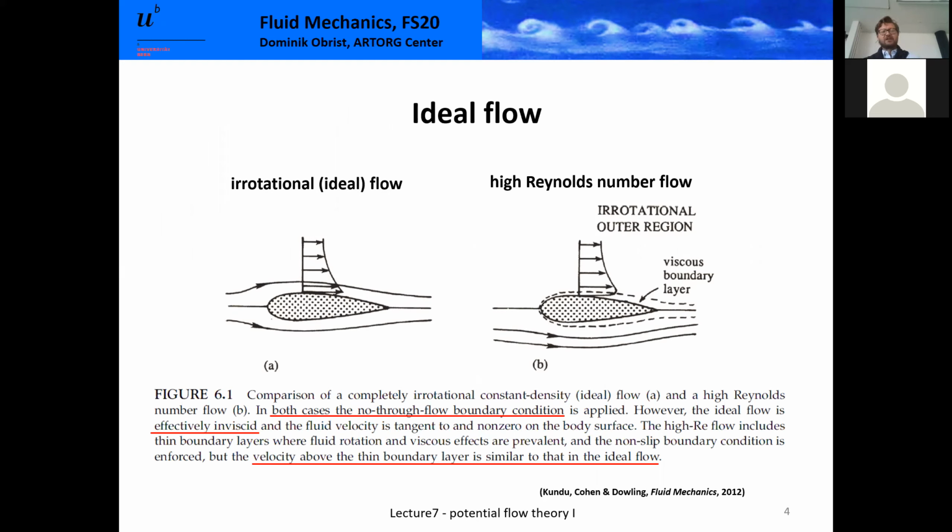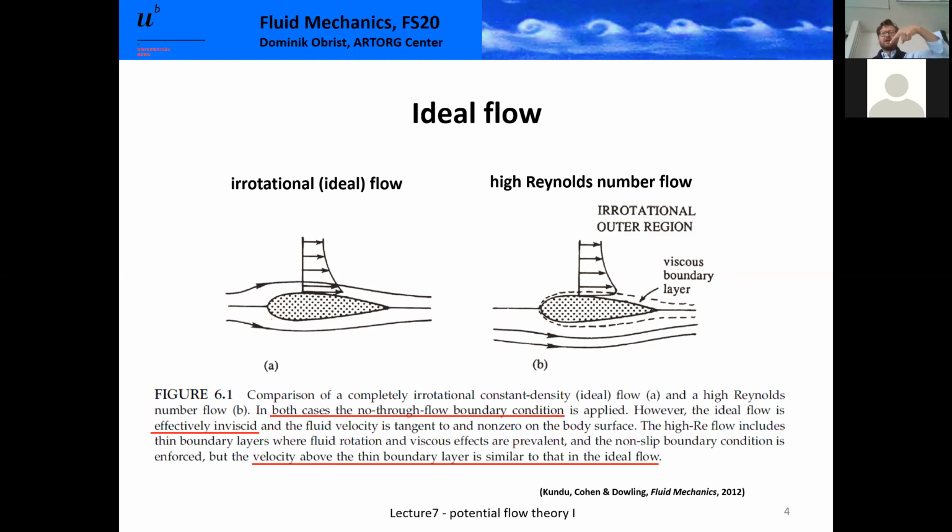If we neglect viscosity, that means we're fundamentally modifying the Navier-Stokes equation. We're dropping the second derivative in space, right? The Laplace term, the viscous term, which means that we cannot satisfy all boundary conditions at the wall. And at the wall, we would like to satisfy a boundary condition not allowing flow to go through the wall.